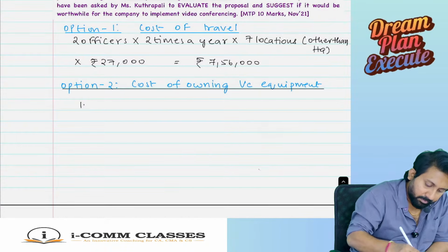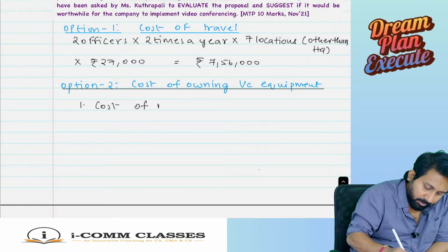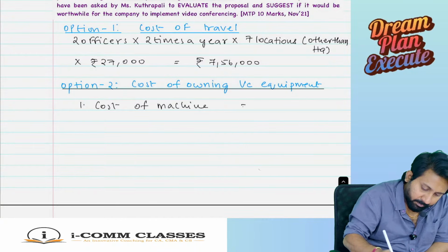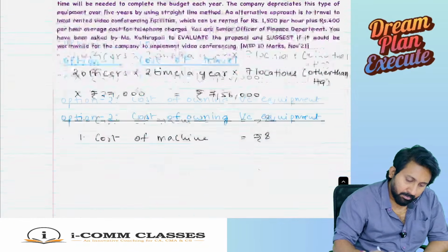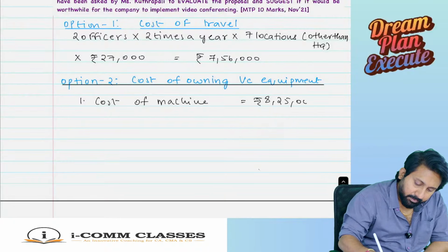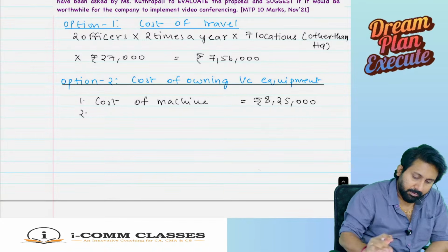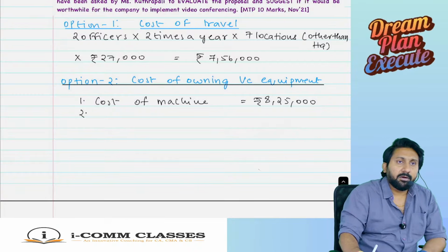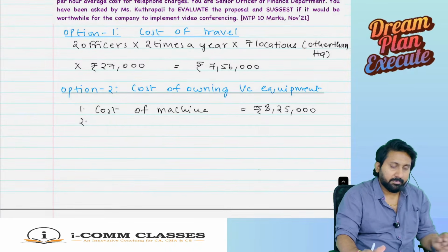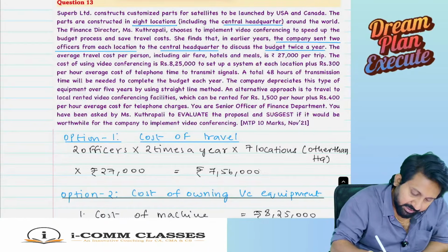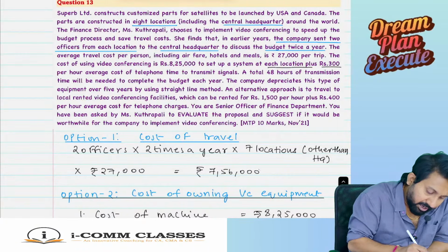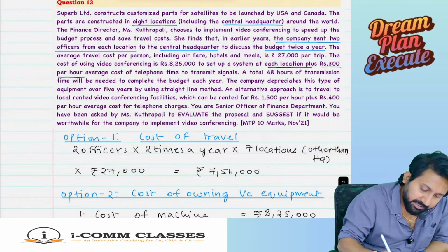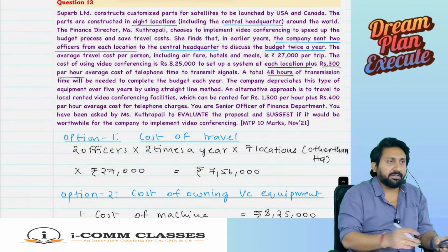Write down. Cost of machine. How much is the cost? 8,25,000. Main cost, each location. 300 per hour to transmit the signals, 48 hours.